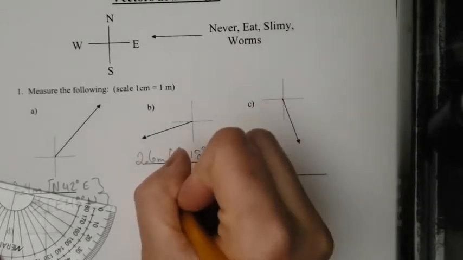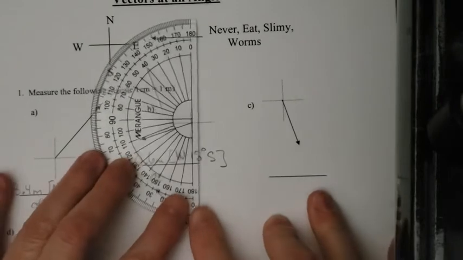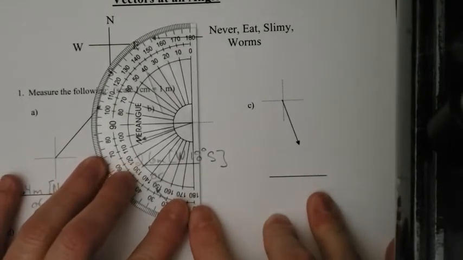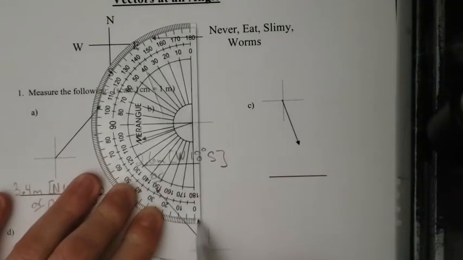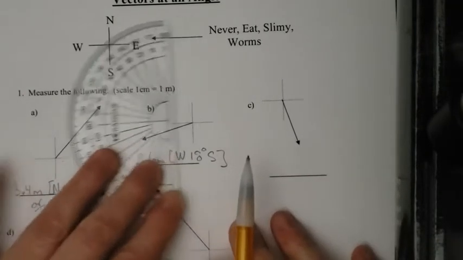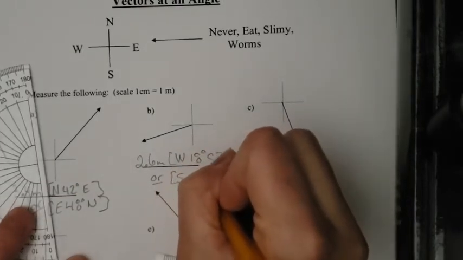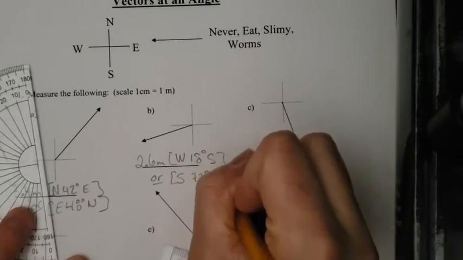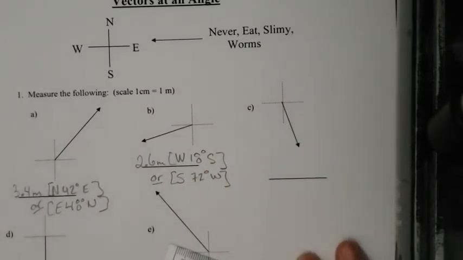Down is south. There was another way I could have put my protractor, where my 0 is on south, and I'm moving about 72 degrees towards the west. So I could have written it as south, 72 degrees west. And we just keep doing that.